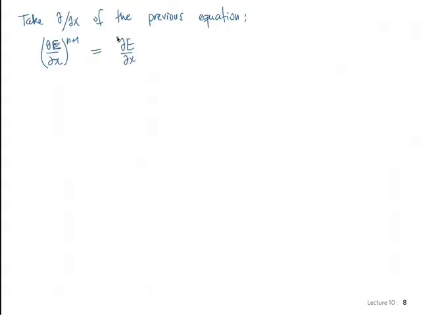So take d/dx of the previous equation, and we get dE/dx at n plus 1 is equal to dE/dx at n plus d/dx of, we had in there dE/du, which is the Jacobian A, and we had u at n plus 1 minus u at n. And that's all.